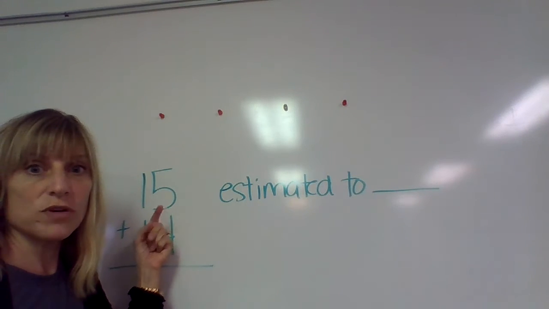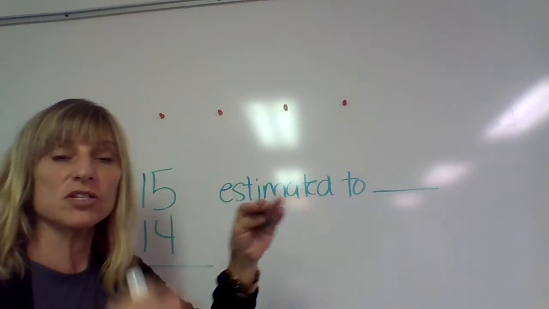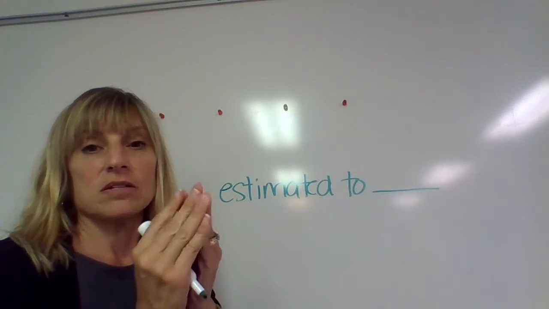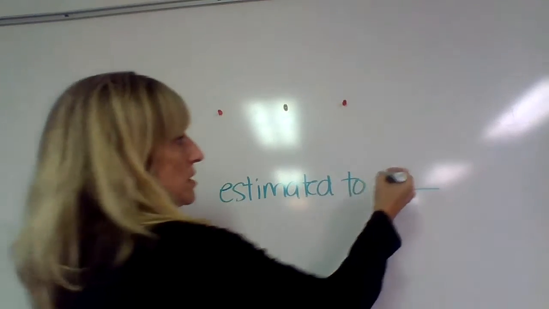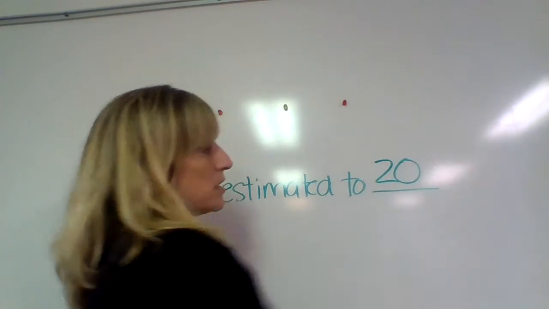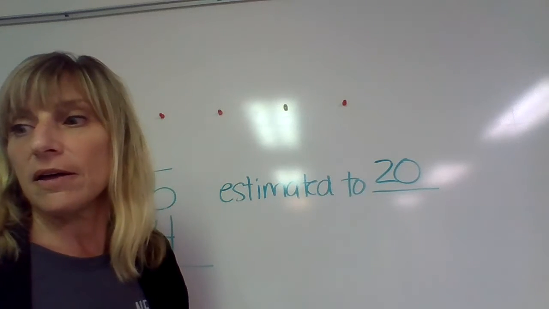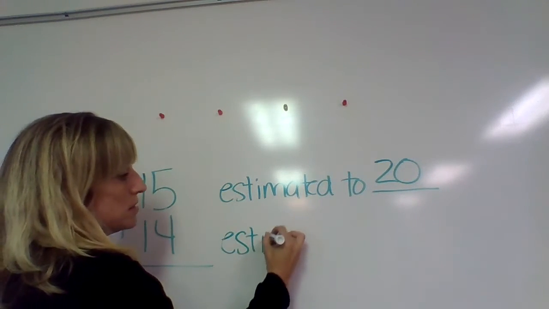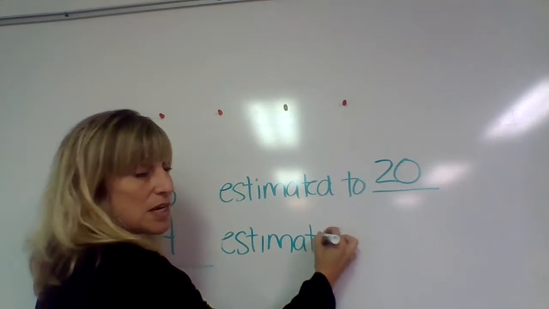And that rule was you always round up because it's right in the middle. Okay, so 15 will be estimated to 20. 14 is also in between 10 and 20.